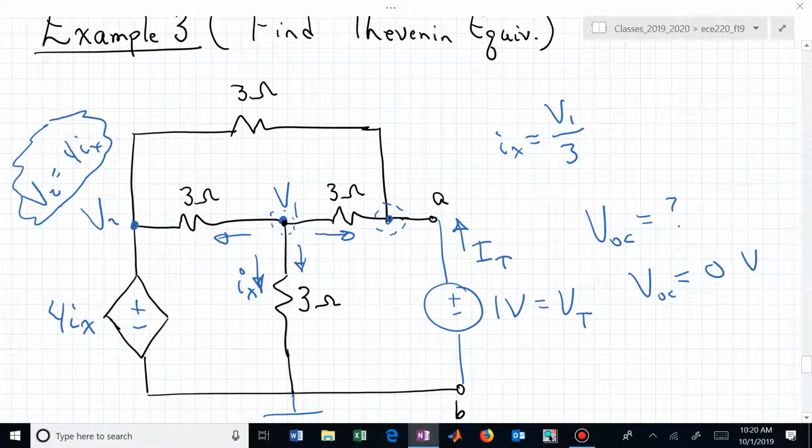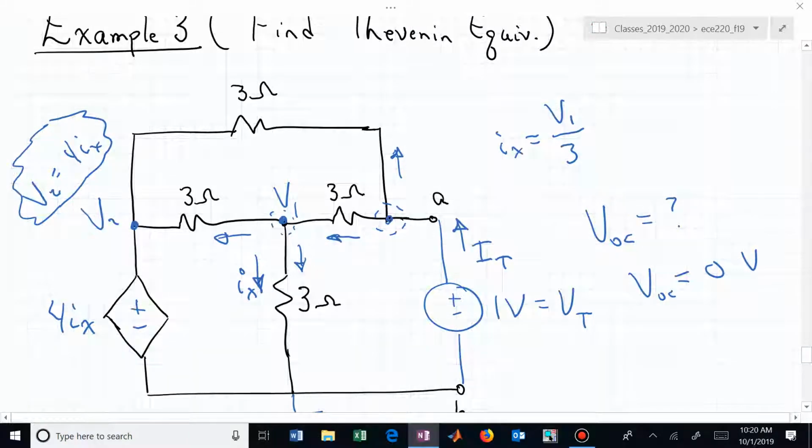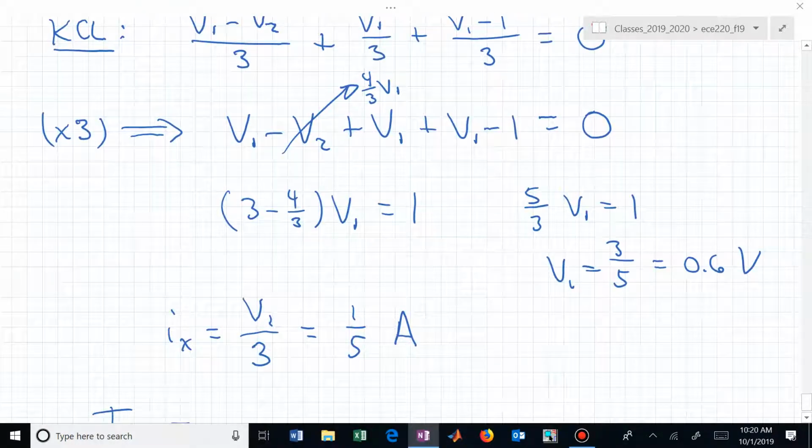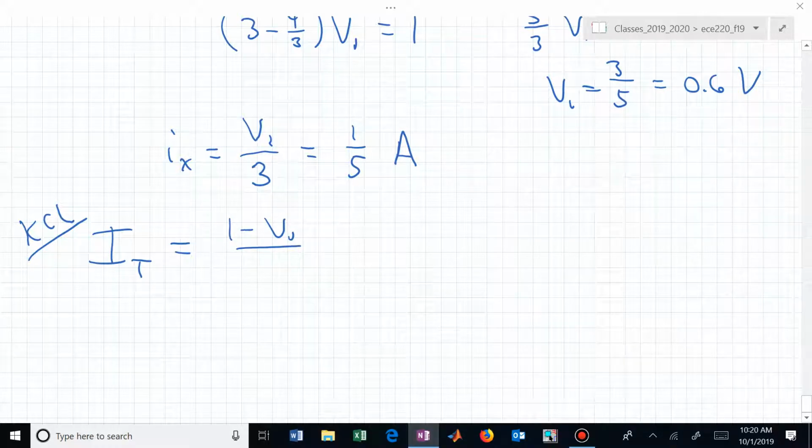And what's going in or going out, we could now say, let's worry about everything going out. And we can now say that IT, now we're doing KCL again, IT is equal to 1 minus V1 over 3 plus 1 minus V sub 2 over 3.